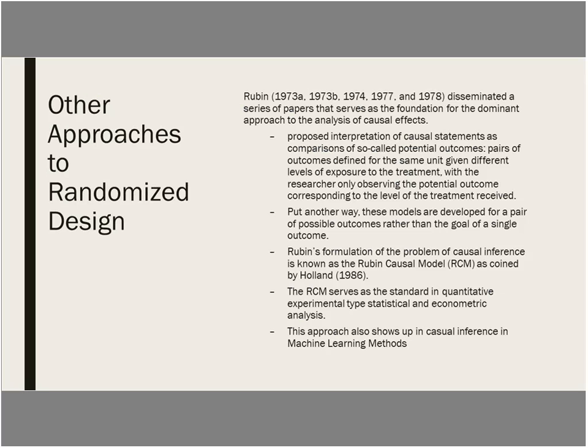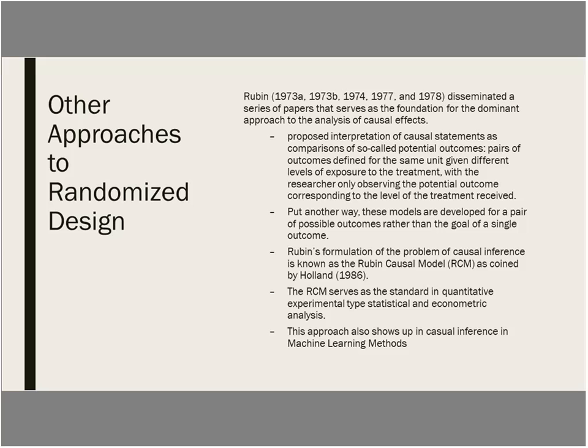That's what people are interested in. When you're looking at potential outcome paradigm differences and so on, what's causing what? Put another way, these models are looking at possible outcomes rather than a single outcome. And the most common one is the Rubin causal model, coined by Holland in 1986.